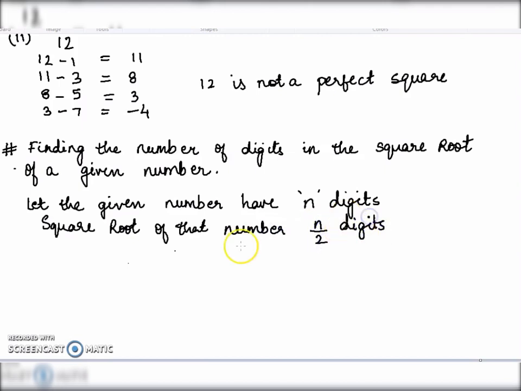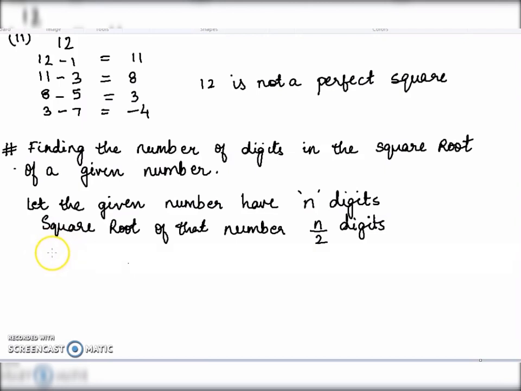Now what is the meaning of this? If the number is having 4 digits, then the square root of that will be having 2 digits, n by 2. If a number is having 2 digits, then its square root will be a single digit number. That is the meaning of that.